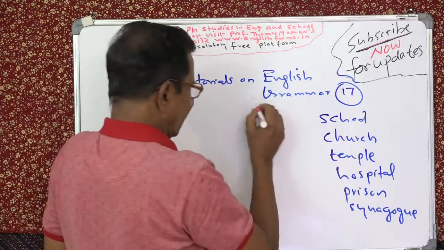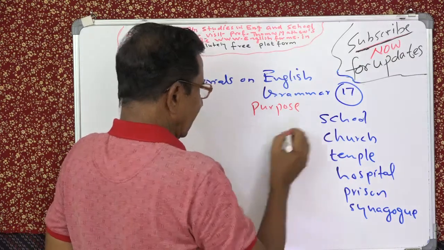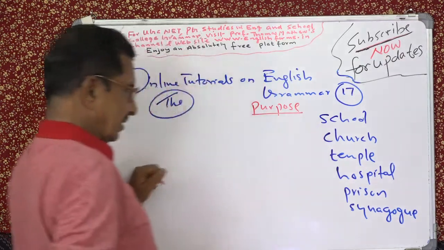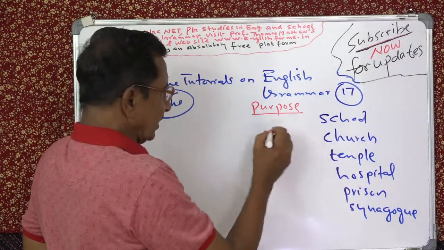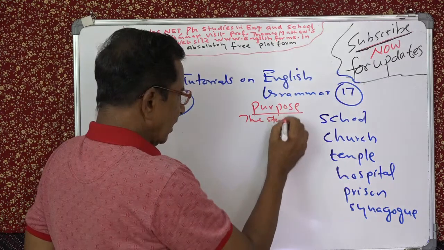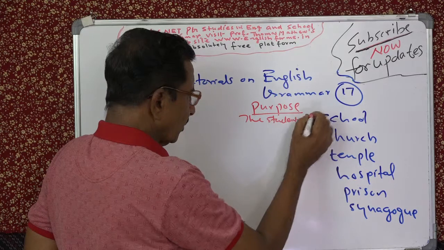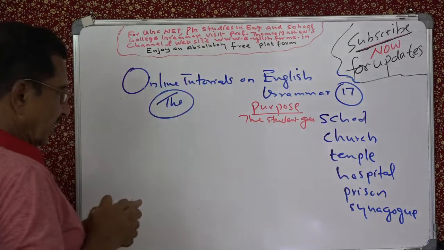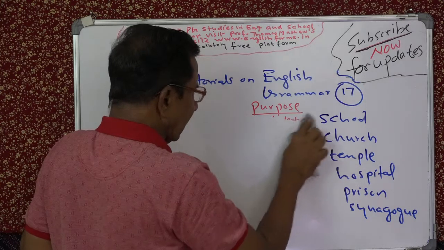The purpose for which the building exists. For example, you say, the students go to school. Okay, we will take this.